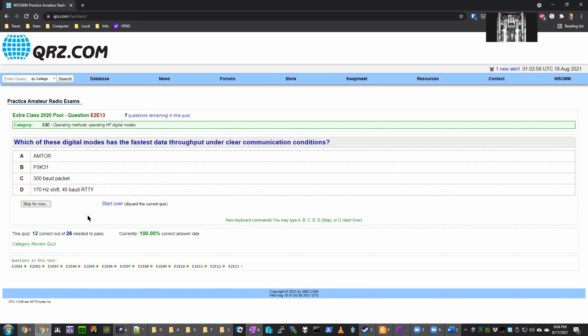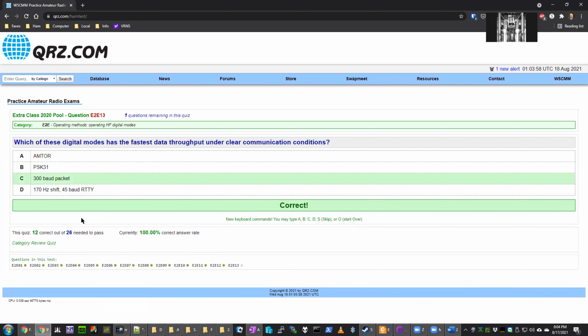Which of these digital modes has the fastest data throughput under clear communication conditions? It's going to be 300 baud packet.